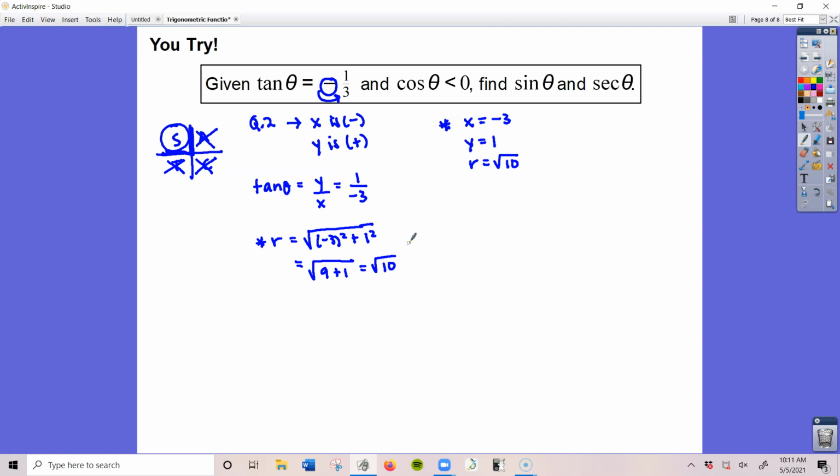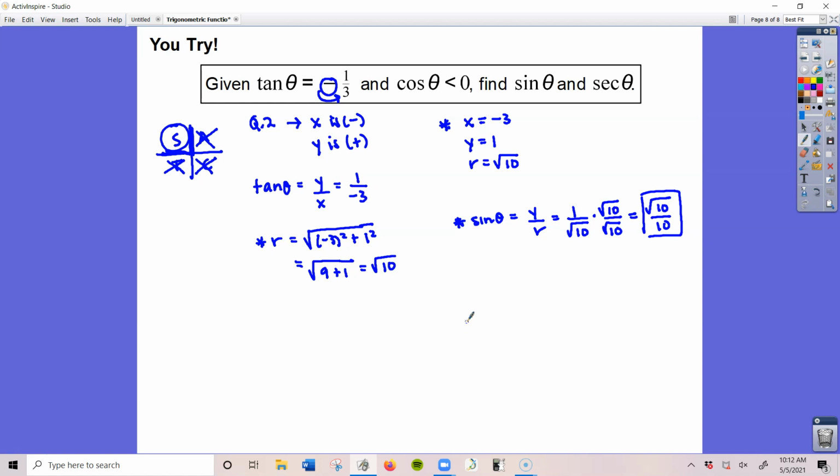So now we're ready to solve for sine and secant. Sine is equal to y over r. So y is 1, r is the square root of 10, which then I rationalize. And we get the square root of 10 over 10. This is sine of theta.